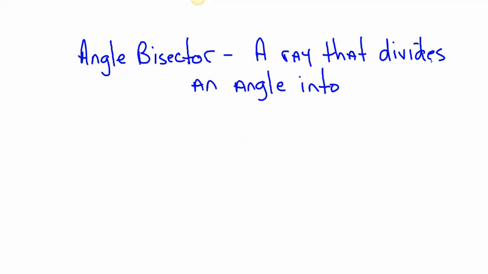Let's say it's a ray that divides an angle into two congruent angles. Angle bisector.